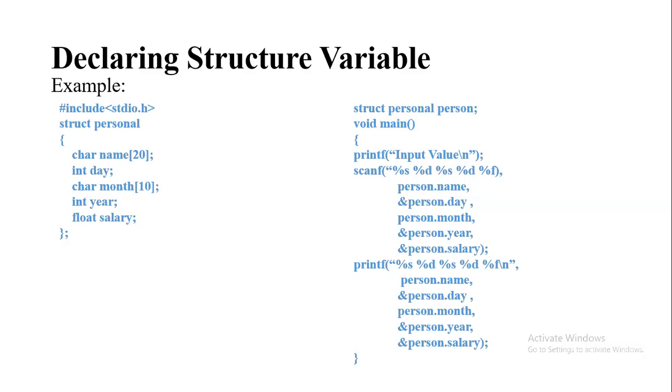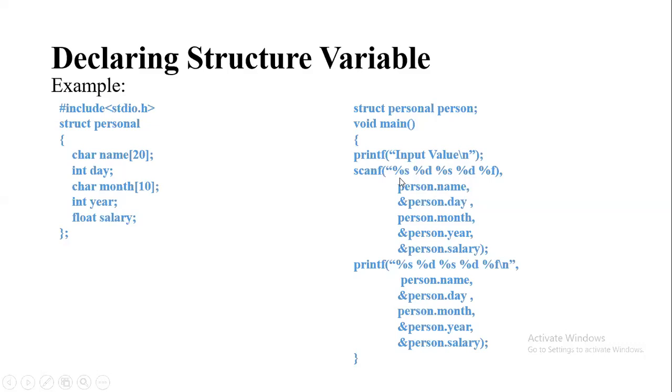Note, very important. How to access the name, right? Name is the first member in the structure. So we have the structure variable name person. We will use a dot operator. To access the name, we will give person.name. Do you see here? Because this is a string, we do not give an ampersand.